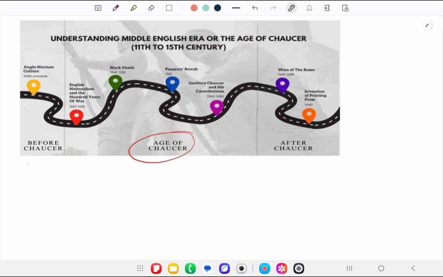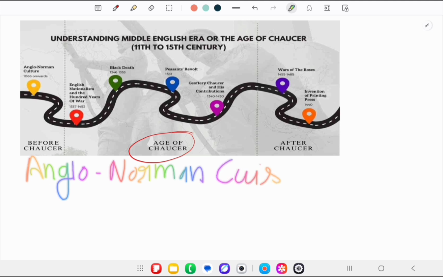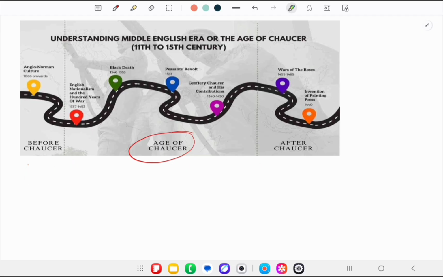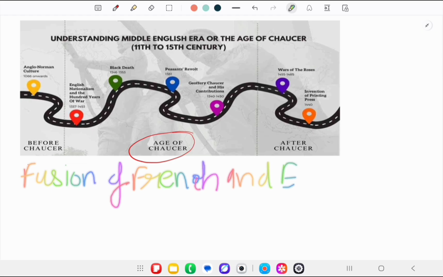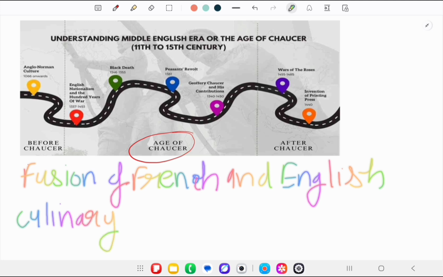And the next one is Anglo-Norman cuisine, which was a fusion of French and English culinary traditions.